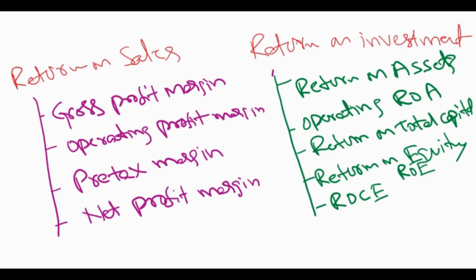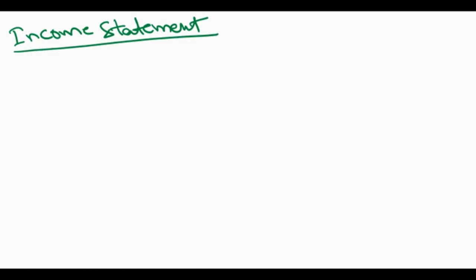So let us now look at further details of how to arrive at these values. So we will take an example of an income statement. Let's prepare one sample income statement from which we will generate these values. So what does an income statement look like?